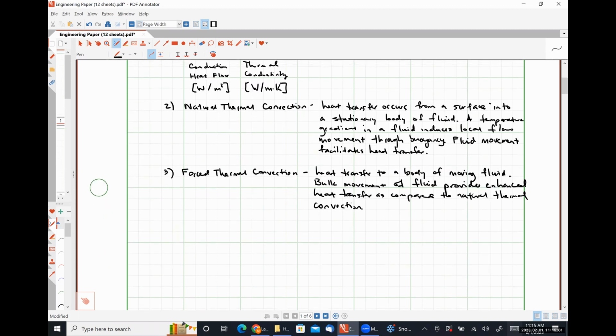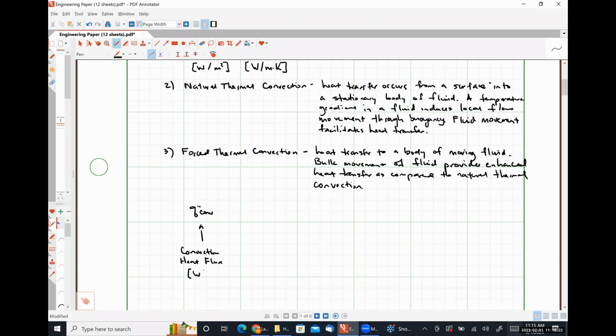So mathematically, this is described as Q double prime convection, where this is our convection heat flux, also measured in watts per meter squared, will be equal to H. So this is our convective heat transfer coefficient, measured in watts per meter squared Kelvin.